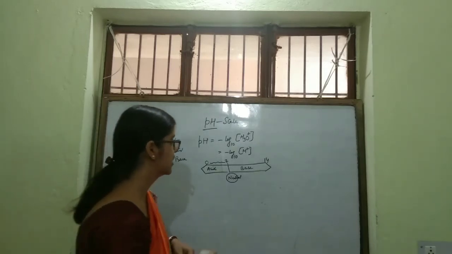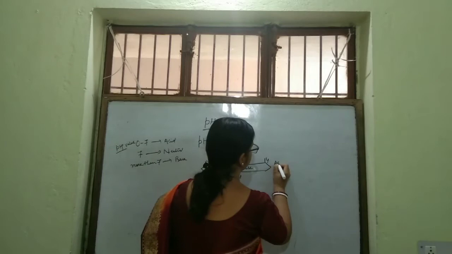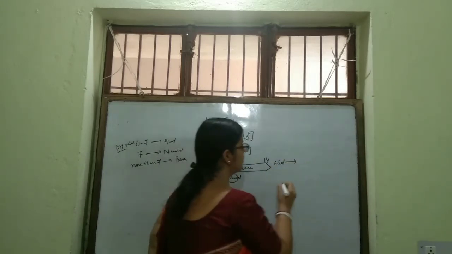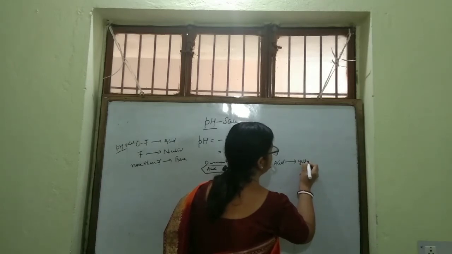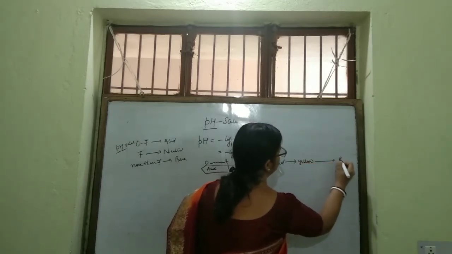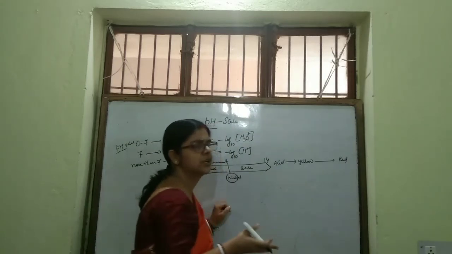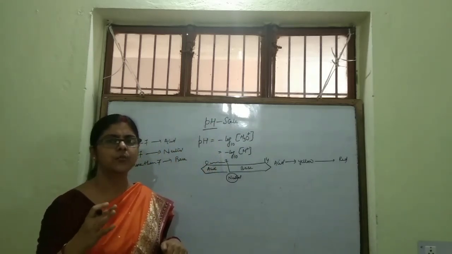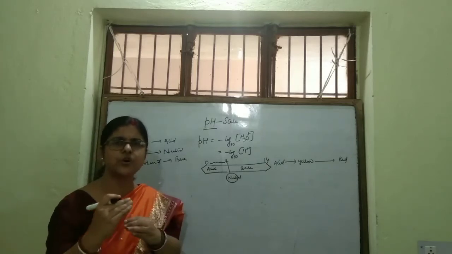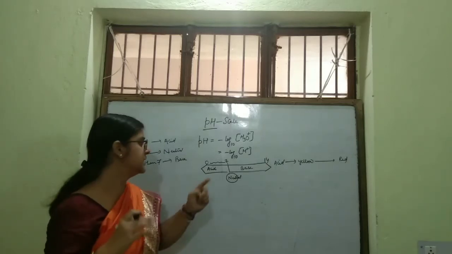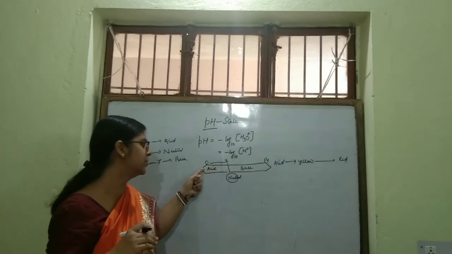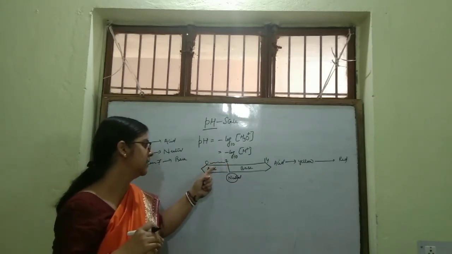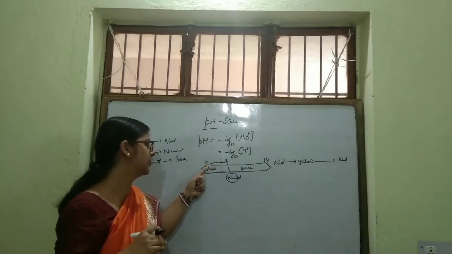For acid, the color ranges from yellow to orange, red, pink. A strong acid has red color, whereas weak acids have yellowish, orangish color.